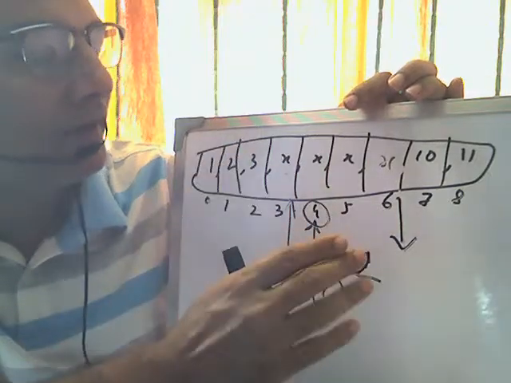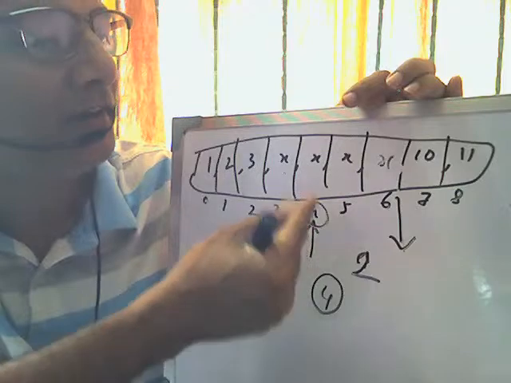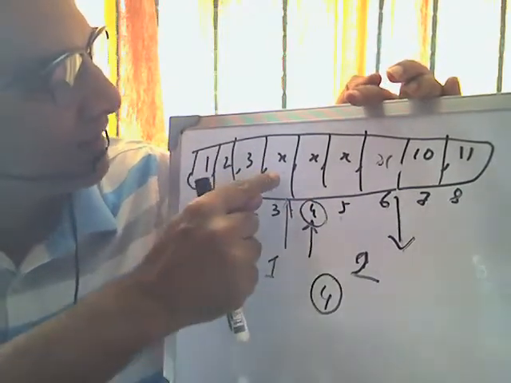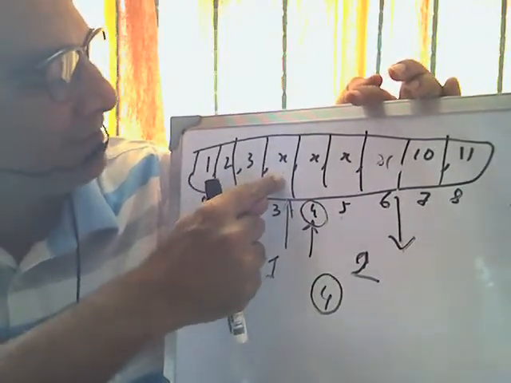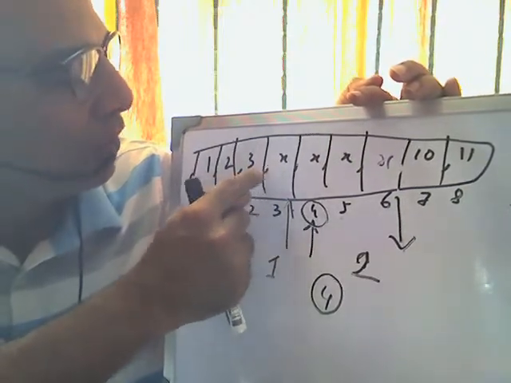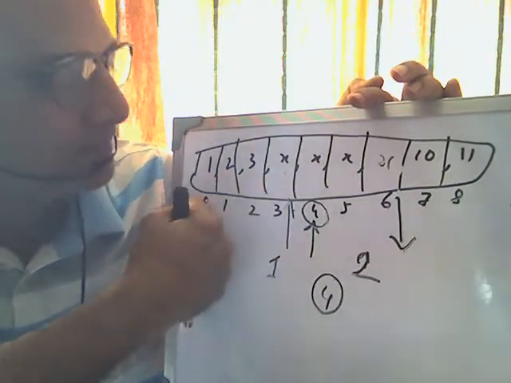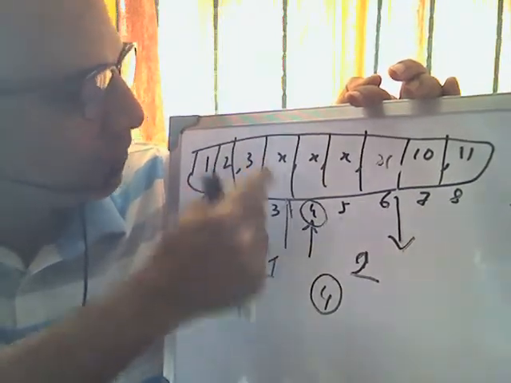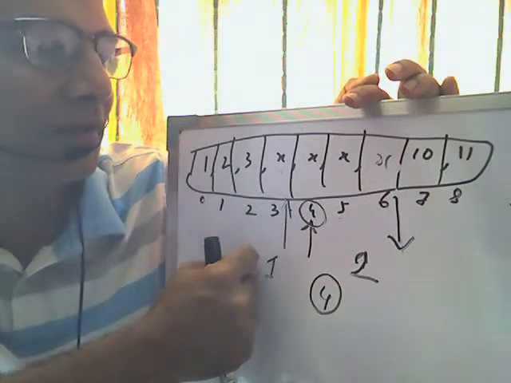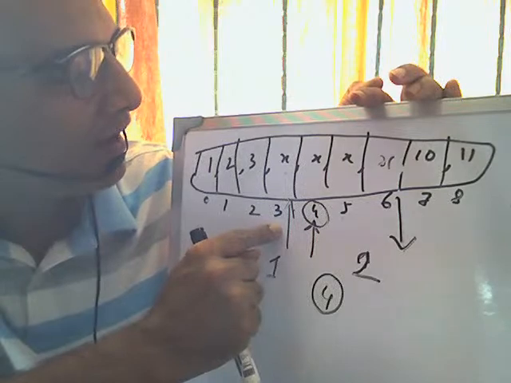Otherwise, in some cases a mid is equal to data and a mid minus 1 is definitely less than data. That means if you have reached here and this value is definitely less than x, no more occurrences of x are there on the left of this index. This is the lowest index of the value x, so this will give you the first occurrence.